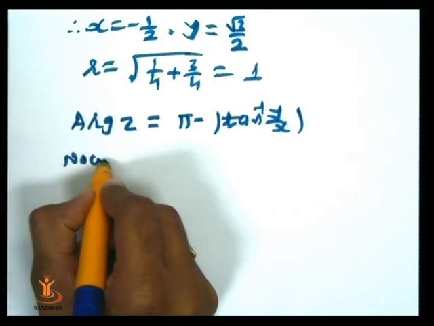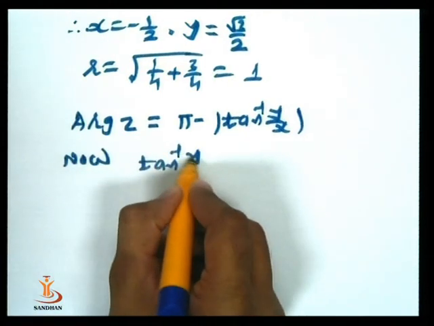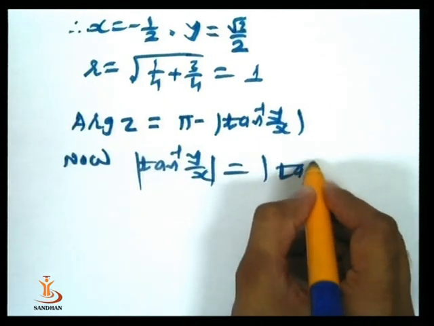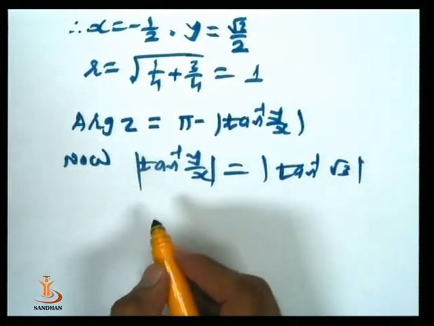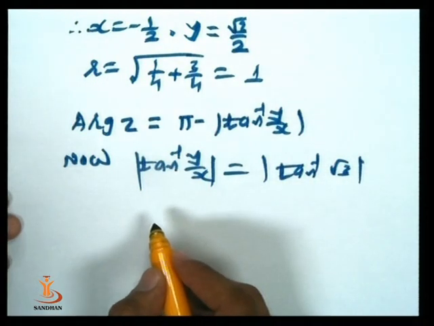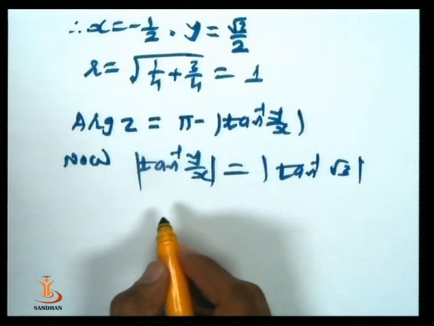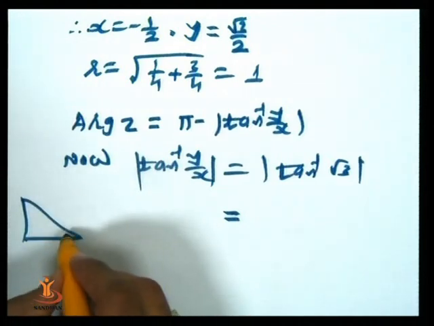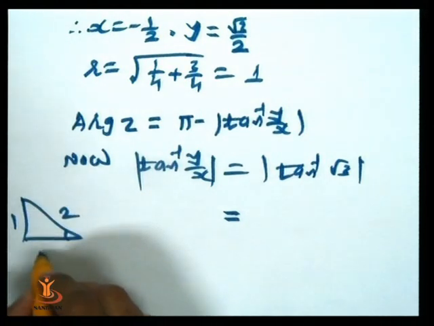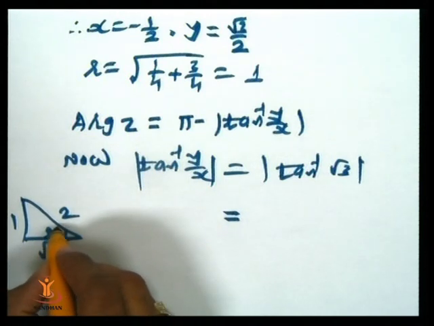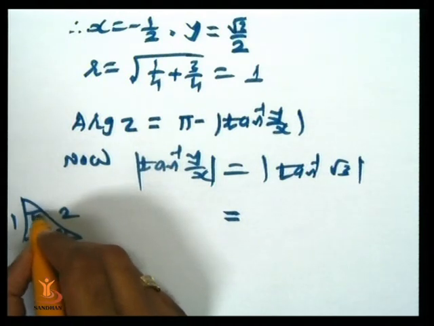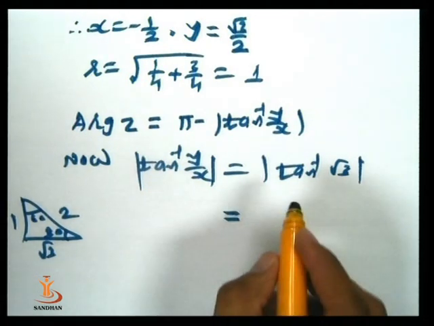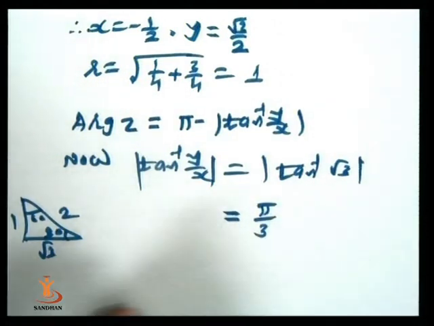So now modulus of tan inverse y by x is equal to tan inverse of root 3 by 2 divided by 1 by 2. So the 2s will cancel out. This is tan inverse root 3, which is 30, 60, so it is pi by 3.